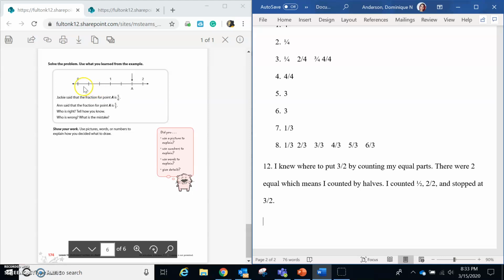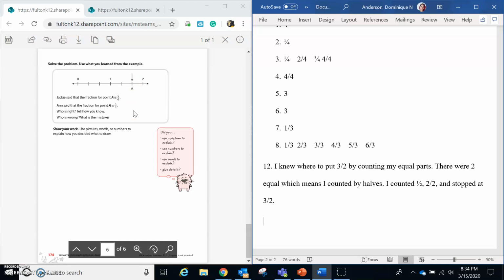Okay, so, which means each fraction is going to be what? 1/3. Because again, we have 3 equal parts from 0 to 1. So if I'm counting, I would go 1/3, 2/3, 3/3, 4/3, 5/3. So who is right?